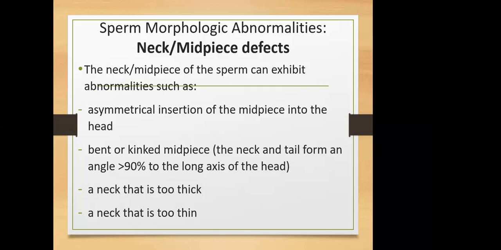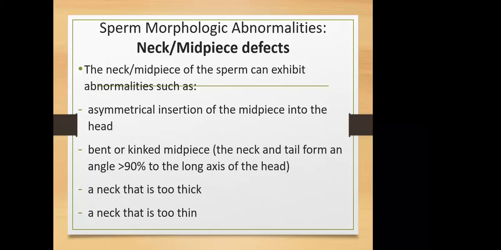And then a neck that is too thick. Remember, we said that the neck should be smaller than the head. So if you have the neck too thick, as big as the head, then that's also a problem. A neck that is too thin, of course, it should not be too thick. It's as if you are preparing a wet mount, and I want to use the example of a stew.